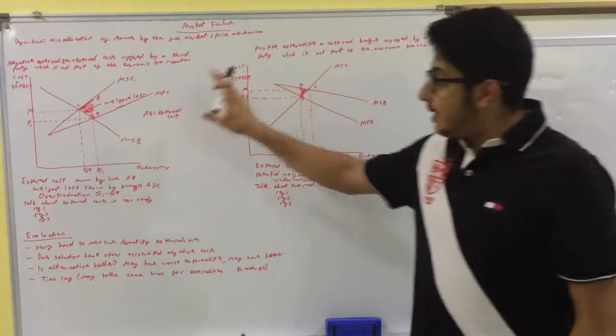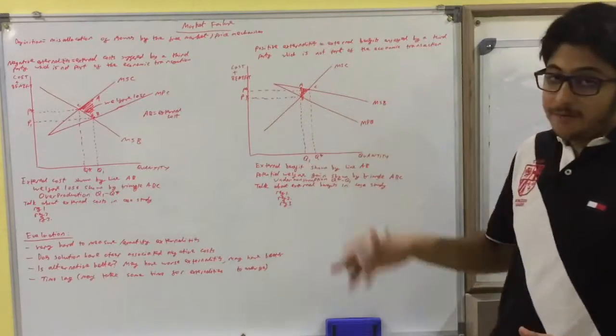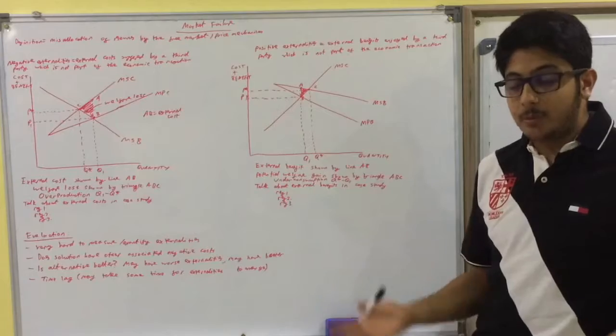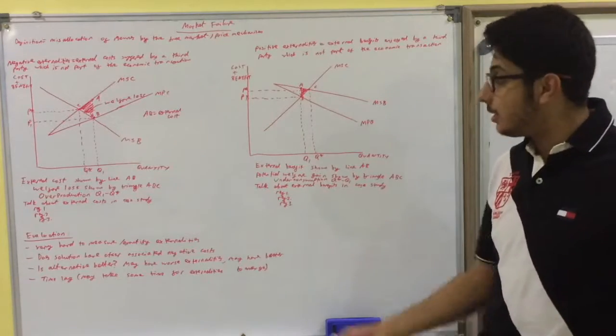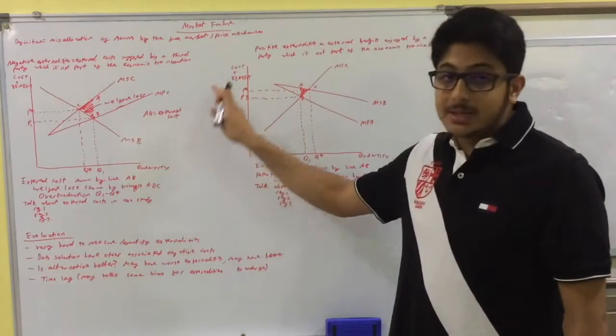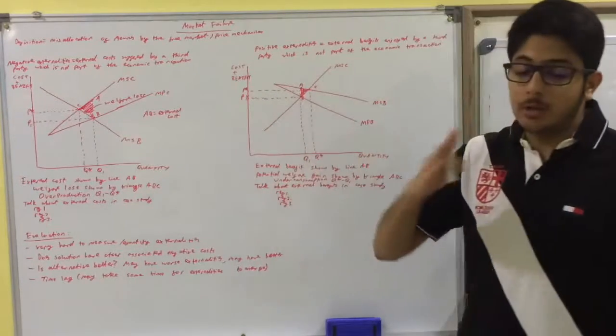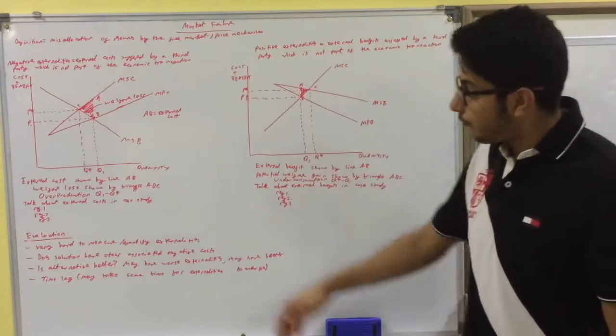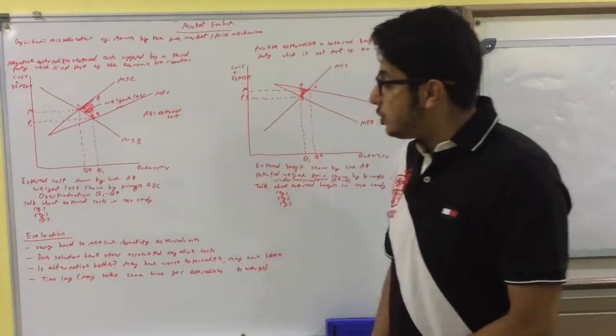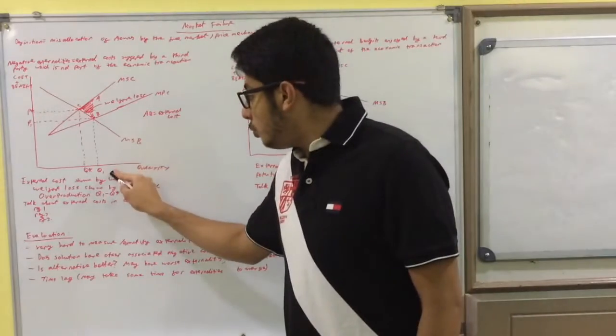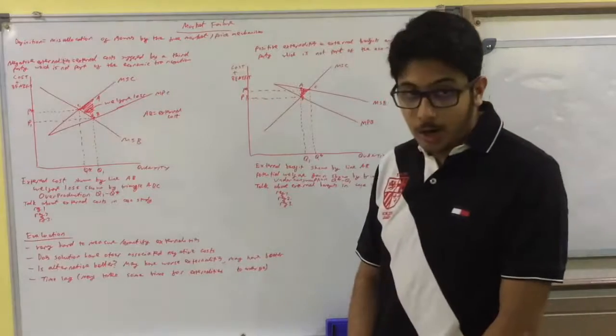Positive externalities are external benefits enjoyed by a third party which is not part of the economic transaction. Negative externalities are external costs suffered by a third party which is not part of the economic transaction. So this diagram shows overproduction, Q1 minus Q star.